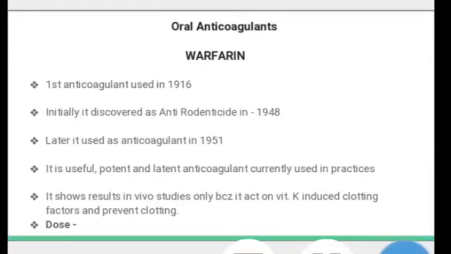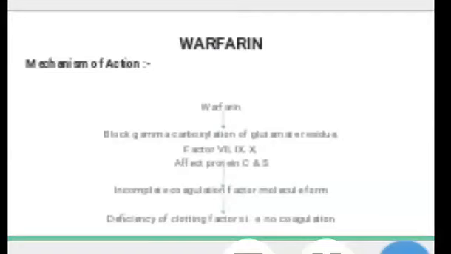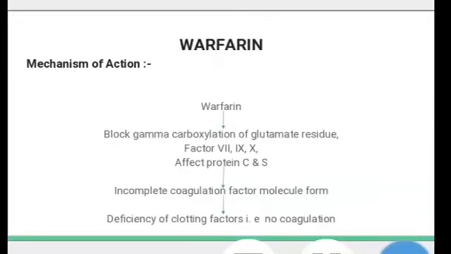The main mechanism of action of warfarin is that it blocks the gamma carboxylation of glutamate residues. It inhibits factor 7, 9 and factor 10 activity.